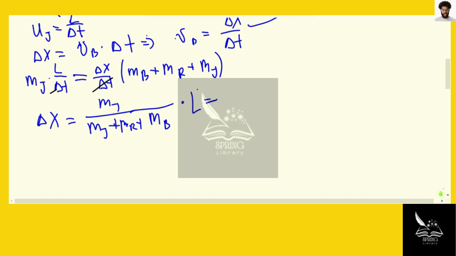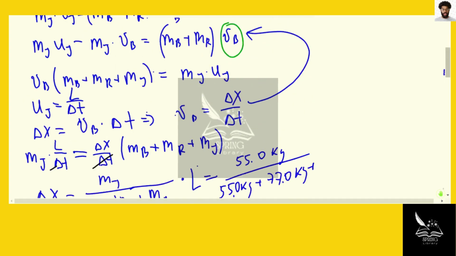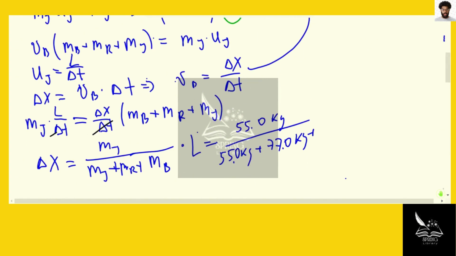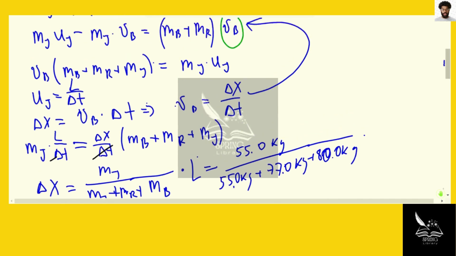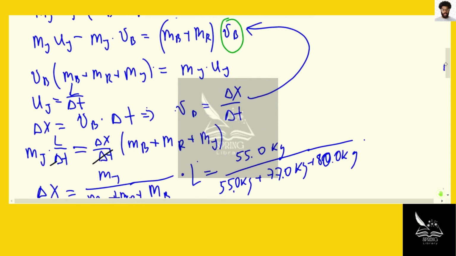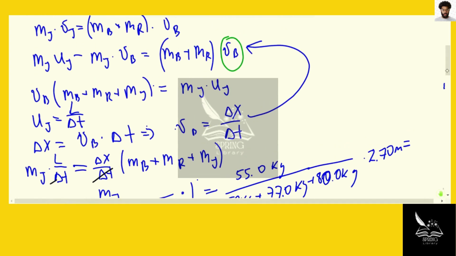In our case, it is 55.0 kilograms divided by 55.0 kilograms plus 77.0 kilograms plus 80 kilograms, all multiplied by 2.70 meters, which equals 0.70 meter.